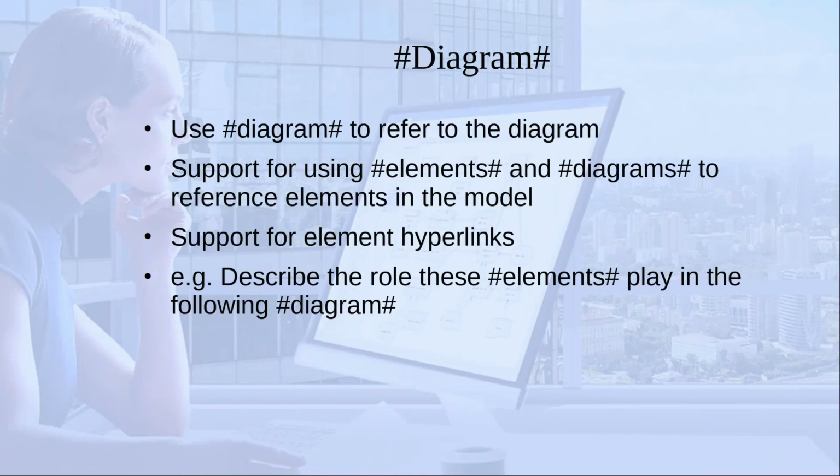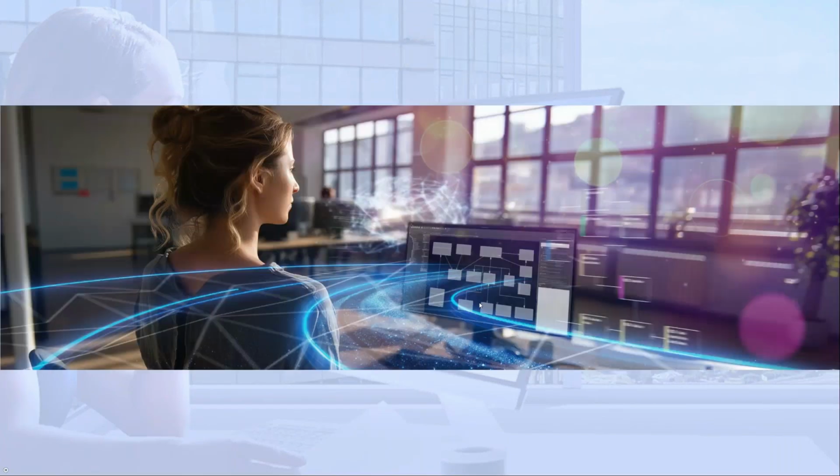So you could say compare this element and that element and describe the connections between them and get some feedback. So an example is describe the role that these elements play in the following diagram.